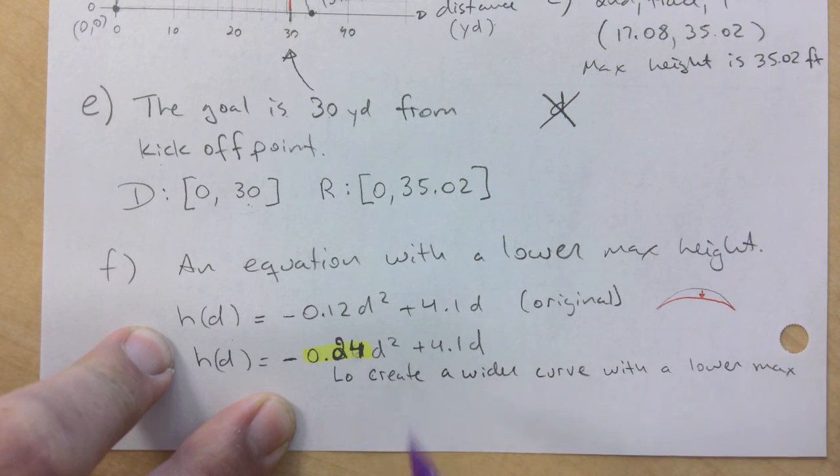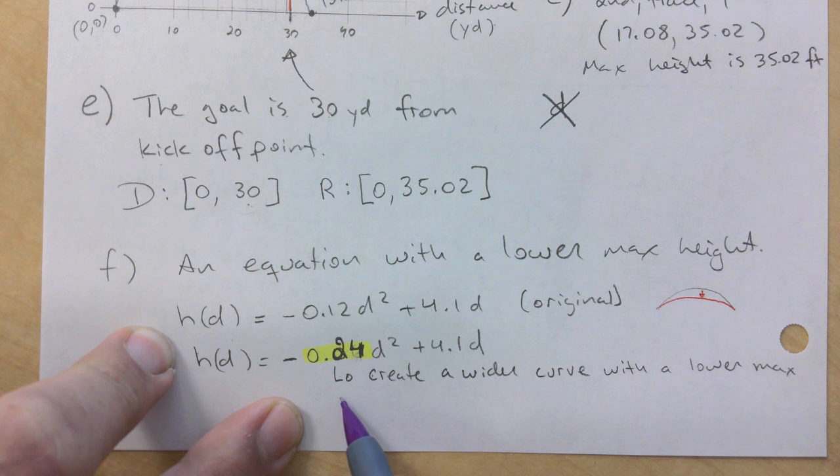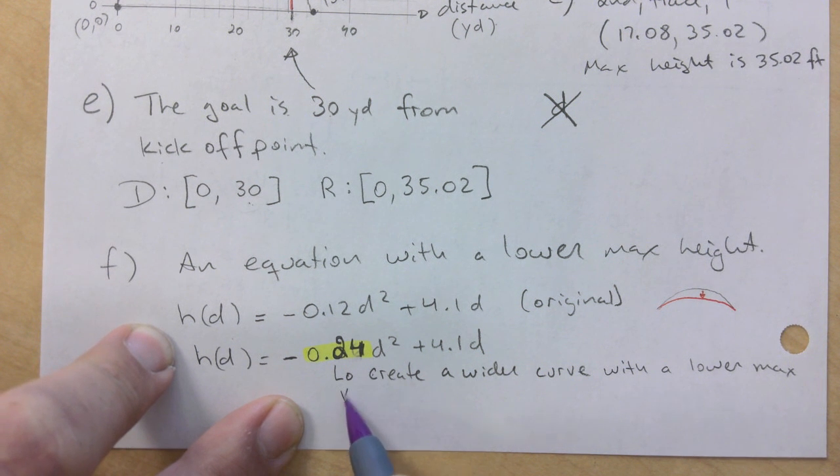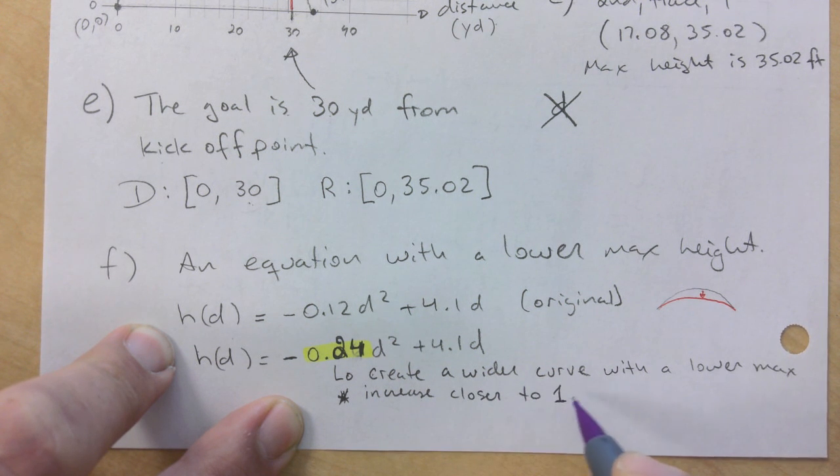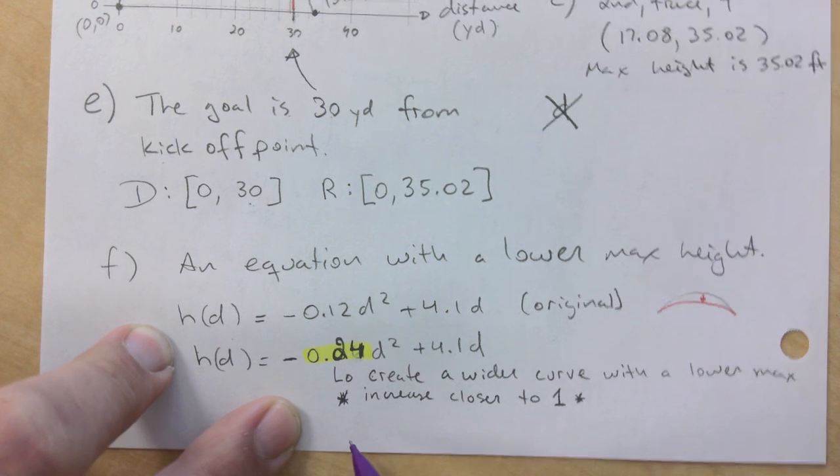Okay, get it closer to 1. I'll make a note here. Increase closer to 1. That's what you want to do. Okay.